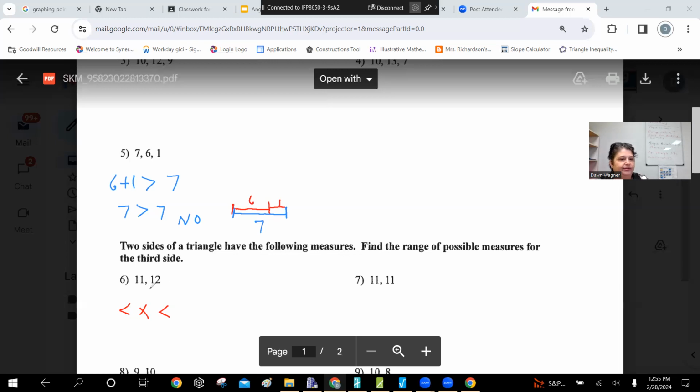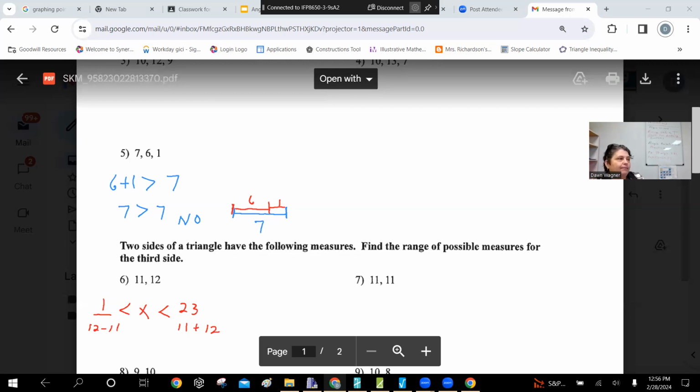You first are going to subtract these two numbers. What is 12 minus 11? 1. That number goes right here. So the smallest it could be, it has to be bigger than 1, but then it has to be less than whatever 11 plus 12 is, which is 23. So this is the range of sides.